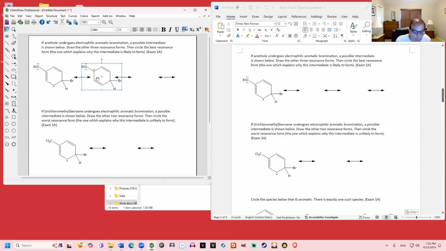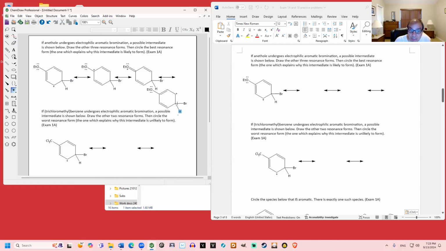You can also get another resonance form by involving the oxygen, taking the lone pair off of oxygen and putting the plus charge onto the oxygen. That's a valid resonance form. And then you can get that last resonance form by shifting the pi bond over. This pi bond. So now it's between those two carbons, and that puts the plus charge on that carbon.